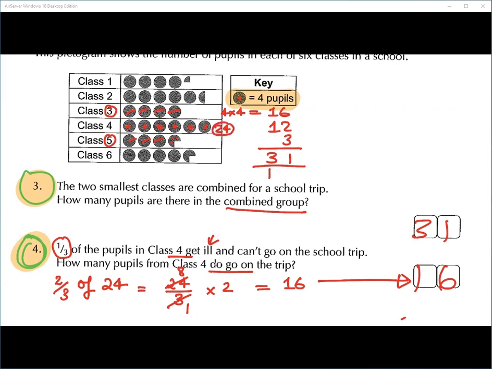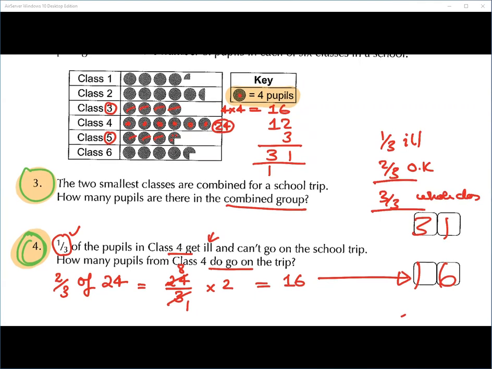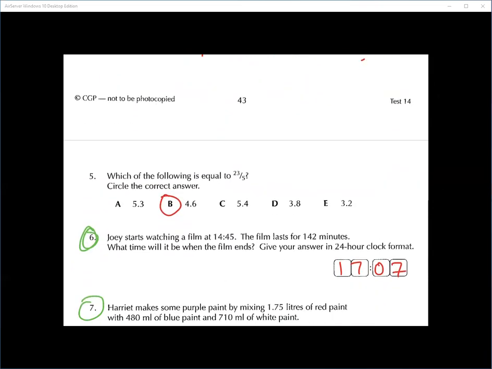And then you have to think, if 1/3 are ill, then you'll have 2/3 who are okay. And that adds up to 3/3, which is the whole class. So you have to know your basic fractions. Okay, done. I hope that helps.